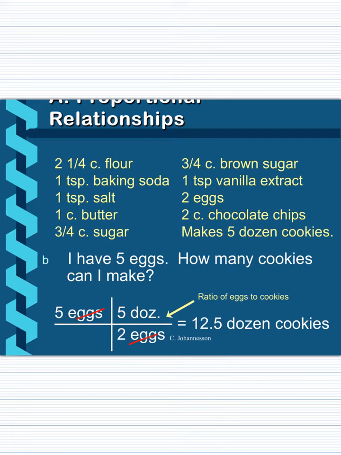Okay, so this slide refers to proportional relationships and bringing into mind that when we were looking at chemical equations, we're looking at the relationship between our reactants and our products, and essentially how much we need of reactants to make so many products, right?